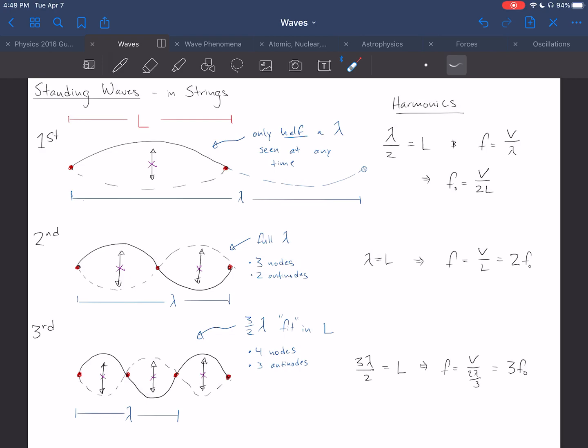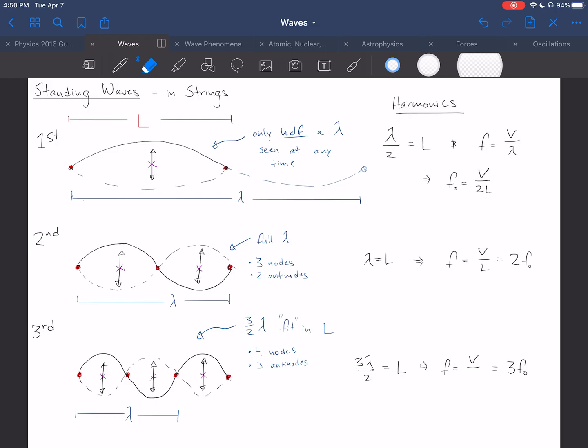So we write that relationship down, having drawn the diagram. That gives us that 3 lambda over 2 is equal to L. We can then solve for the frequency of the third harmonic. The frequency of the third harmonic is V divided by the wavelength, which should be equal to 2L over 3. Notice this says lambda here. That should say L. I'll fix it right now.